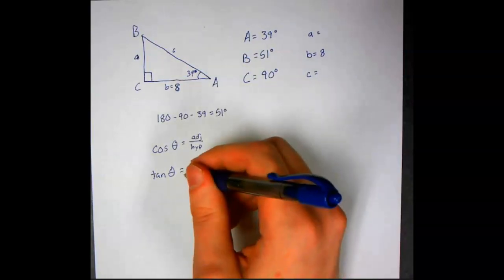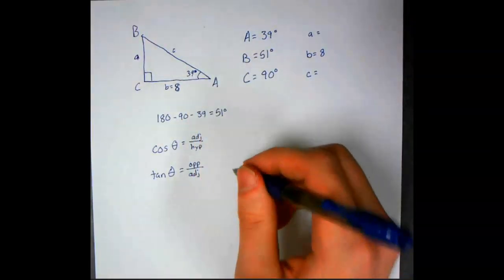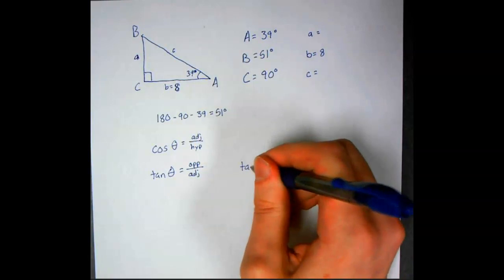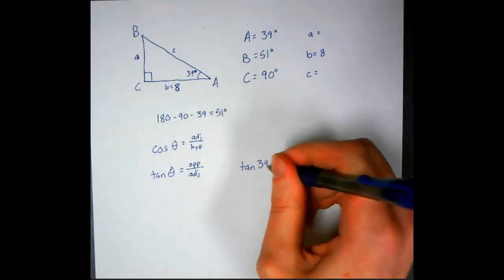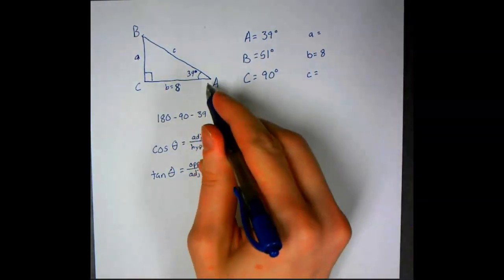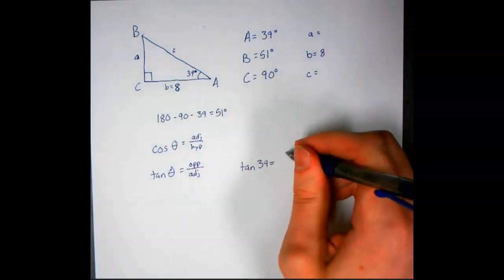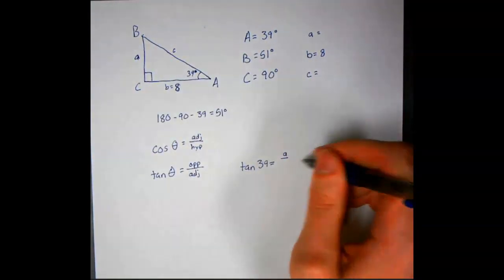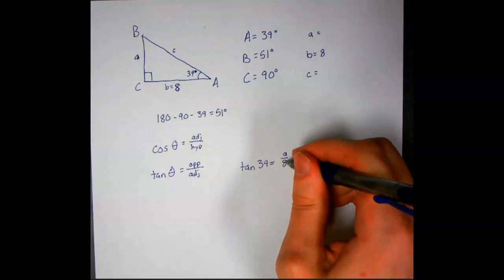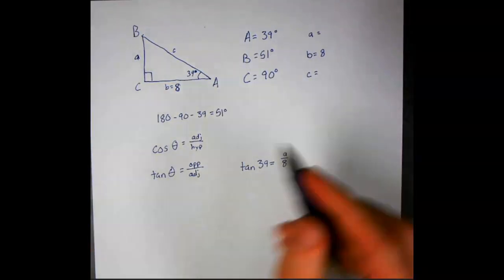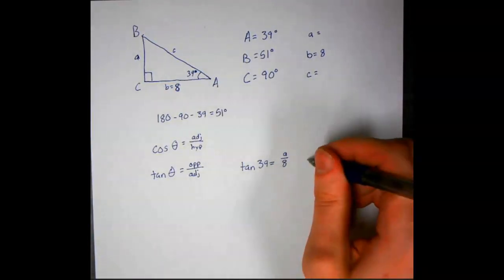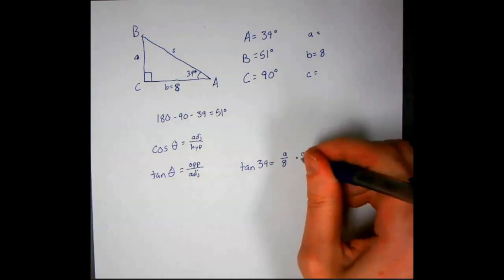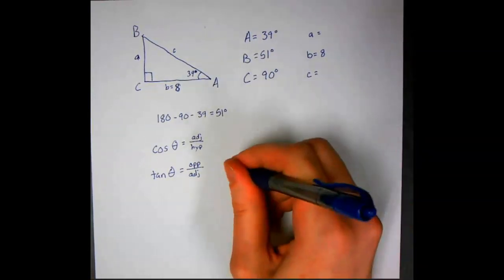So we'll just plug in our values. Well, our angle is 39, so tangent of 39 equals, well, the opposite side is A, and our adjacent side is 8. So when we want to try and get A by itself, we're going to multiply by 8 on both sides.